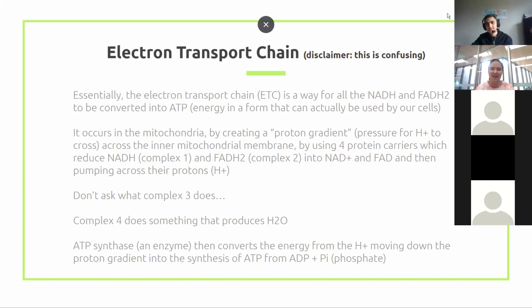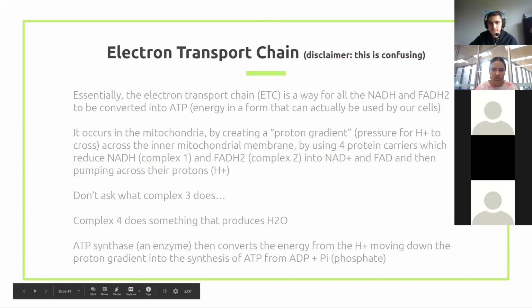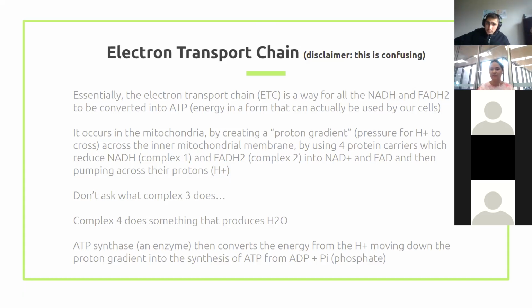Essentially, it creates a proton gradient, buzzword, important words, which is like a pressure differential for the H plus, and proton is the same thing. So it's a pressure differential for H plus to cross this inner mitochondrial membrane. You need to know that.